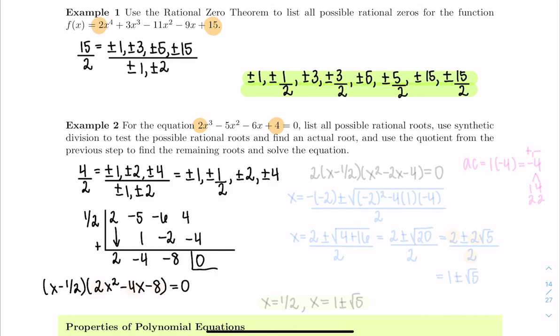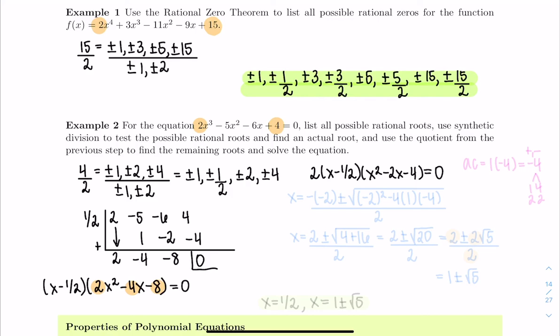So coming up to the right-hand side here, we can actually take a 2 out of all the terms of the second polynomial. So I'm going to bring that 2 right up front. And what I have left over is x squared minus 2x minus 4.